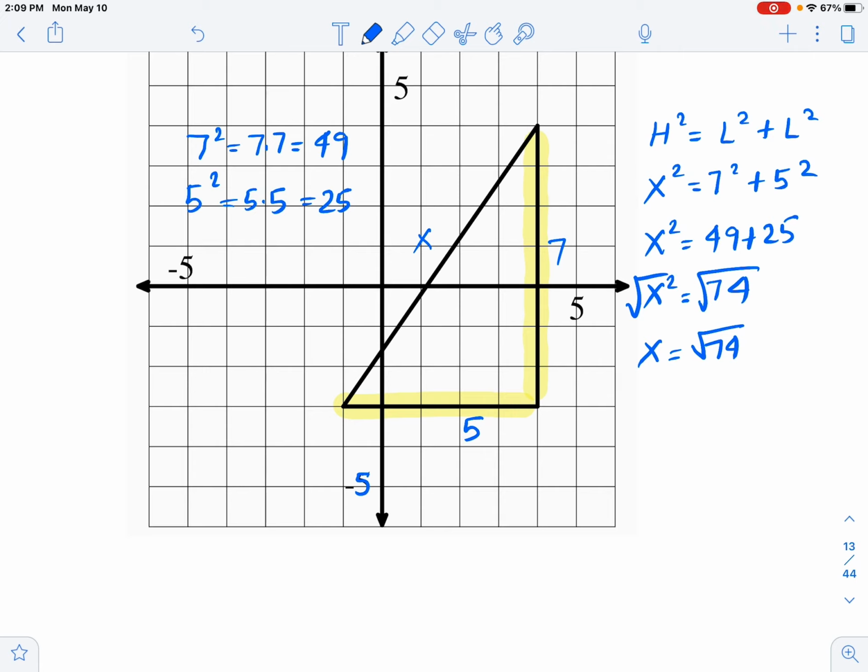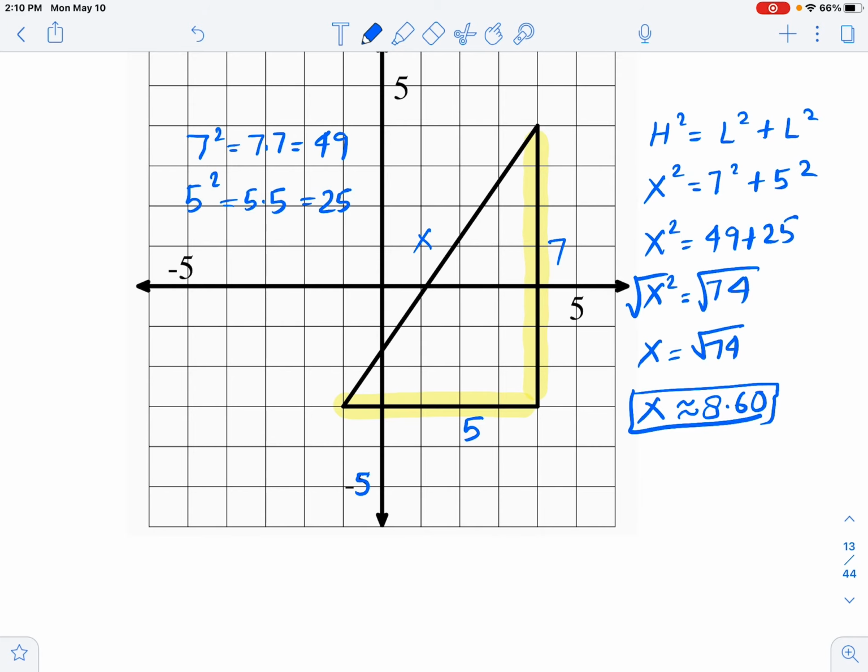I have to use the calculator. So x will be, after rounding to the nearest hundredth, 8.60, because I can't leave it at 8.6 since they're asking us to round to the nearest hundredth. So I have to use another digit after the tenths position, even if it is a 0.